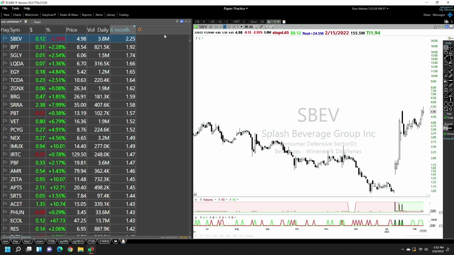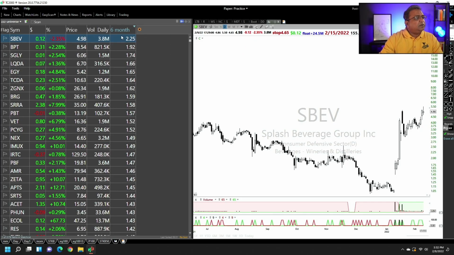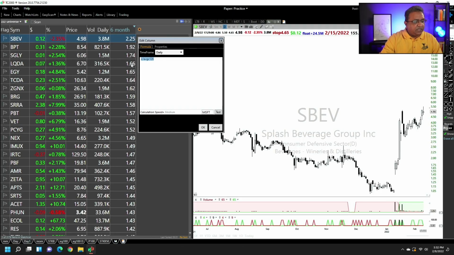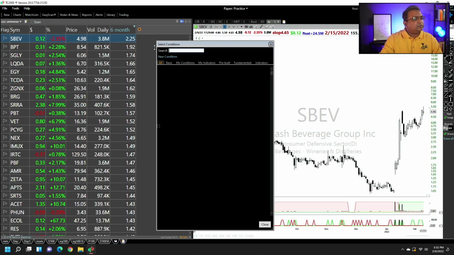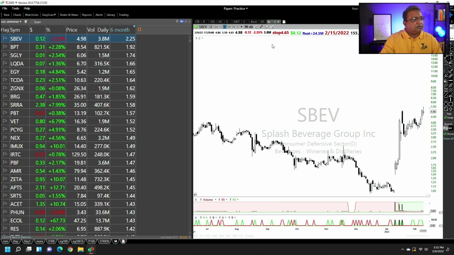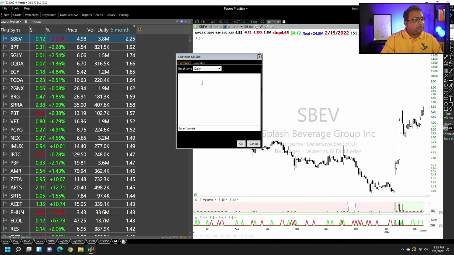In order to find stocks which had momentum 1 month ago on a 6 month time frame, we are going to take this same scan and create another column, and write a new formula, or modify this formula. 1 month is 21 days, so C21.